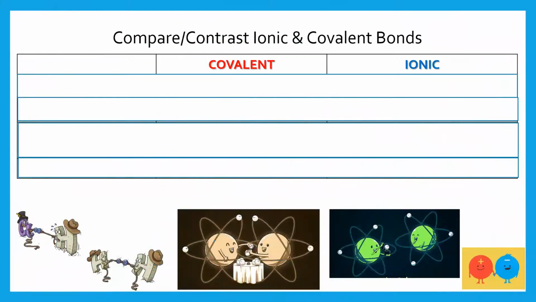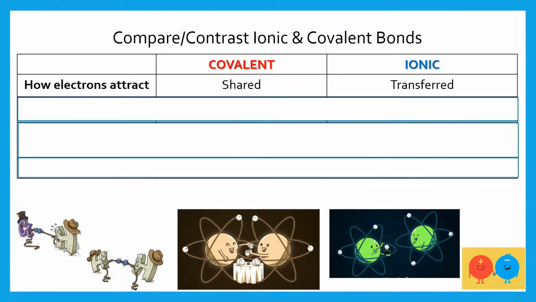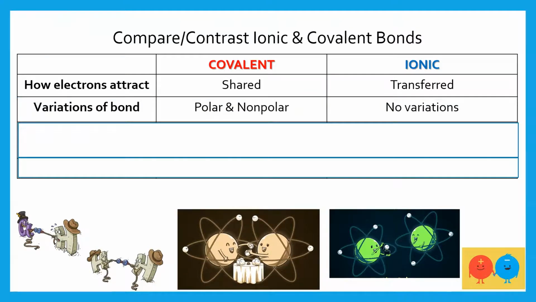So last thing is just to compare and contrast ionic versus covalent bonds, just so you see the similarities and the differences. So how do electrons attract? Well, in covalent bonds, they are shared, but in ionic bonds, they are transferred, given and taken. Are there any variations of the bond?